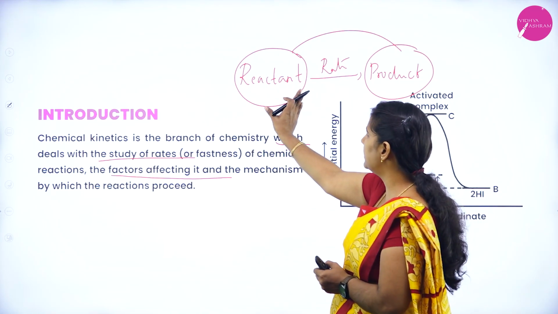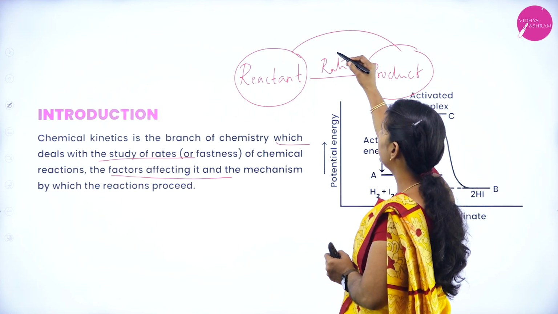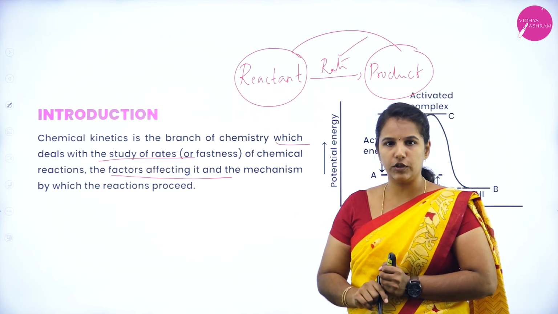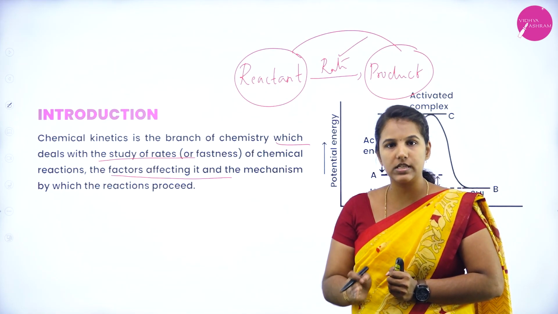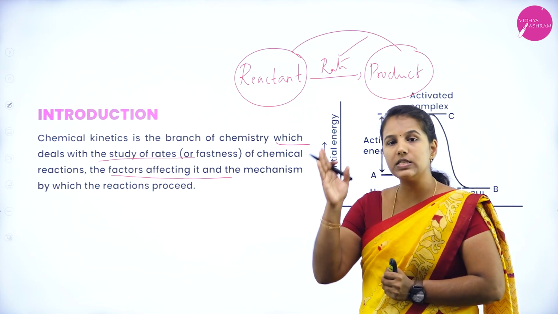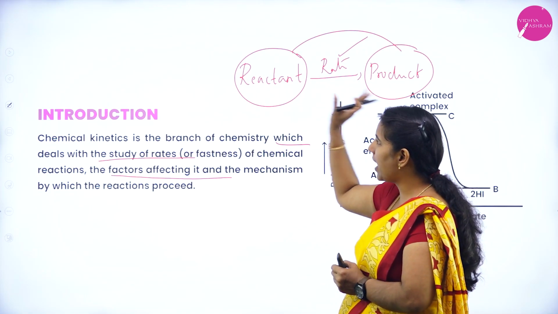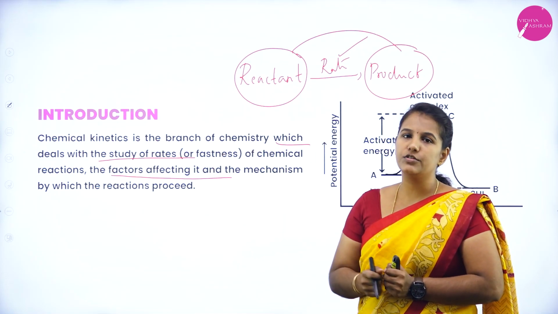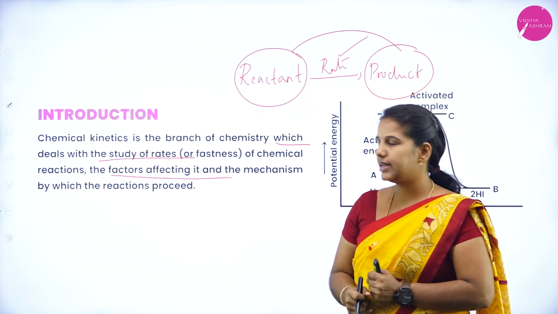Whenever the reactant is converted into product, when we find out the rate of the reaction for the first order, zero order or second order reaction, which factors affect the reactions, that is also what we deal with in chemical kinetics.